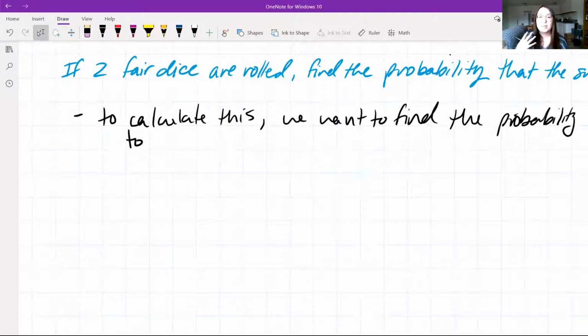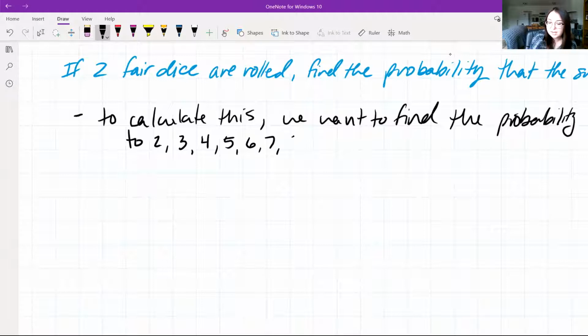Starting with our smallest sum, if we have a 1 and a 1, we know it's going to be 2. So we have 2, 3, 4, 5, 6, 7, 8, 9, and 10.